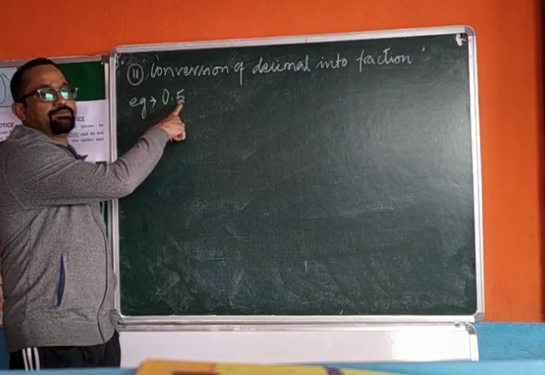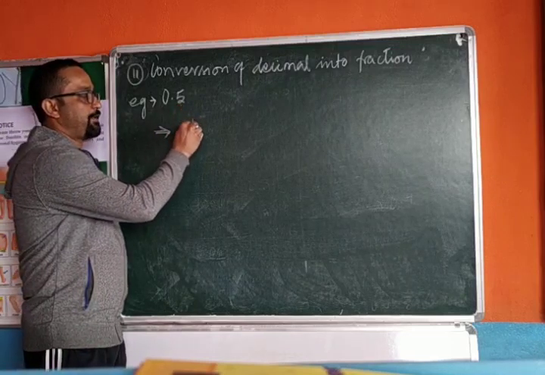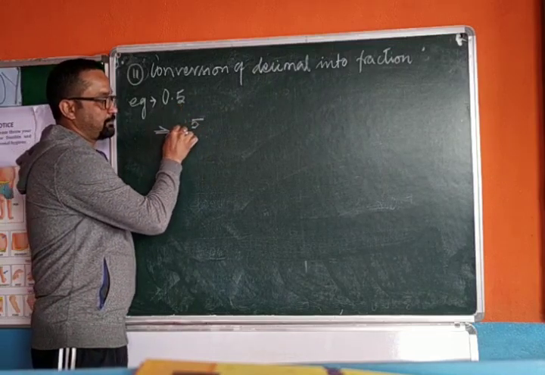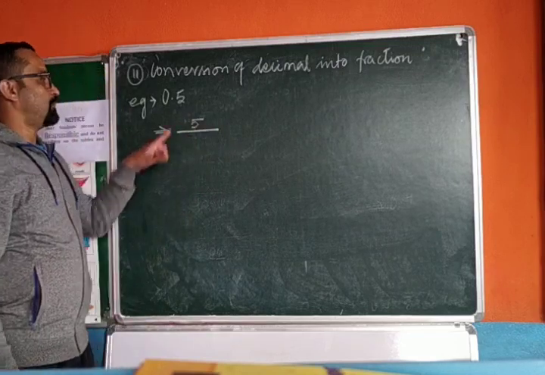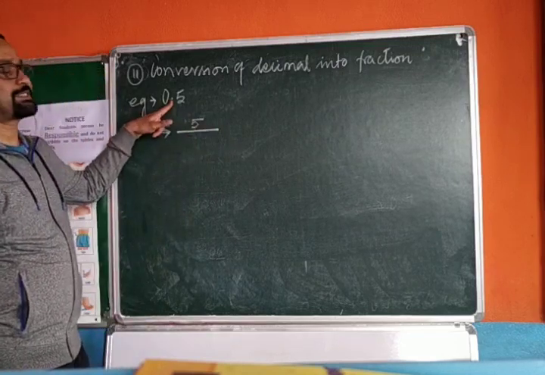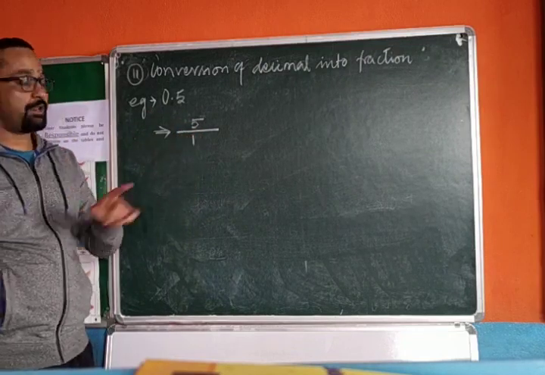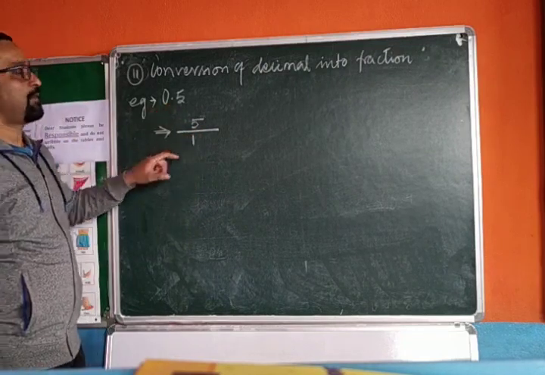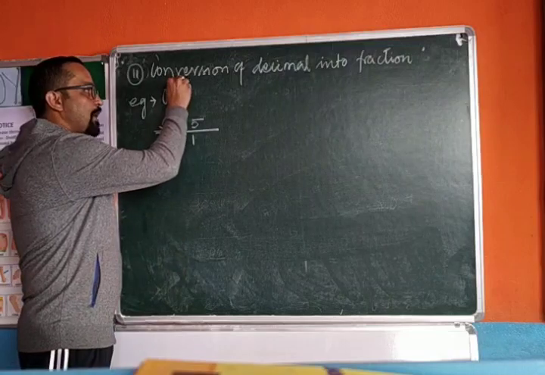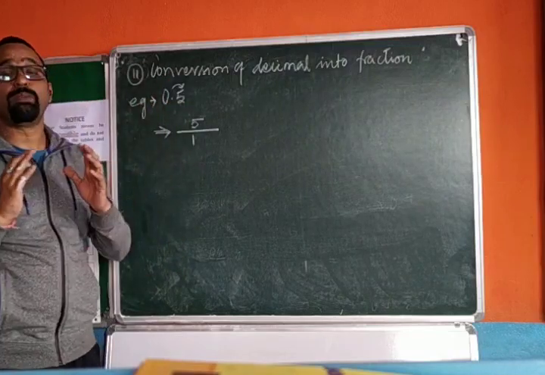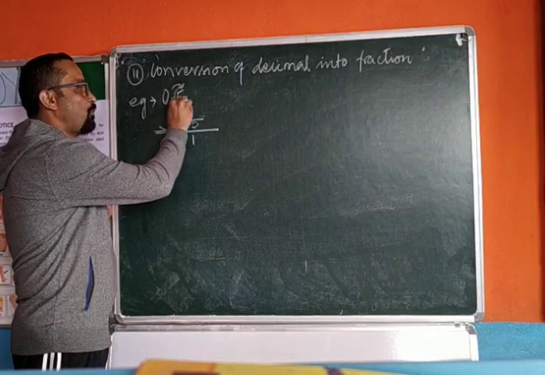You have 5, so you need to write 5. There is decimal, and this decimal stands for 1. You need to write 1 for the decimal. How many digits do you have after decimal? You have only 1.